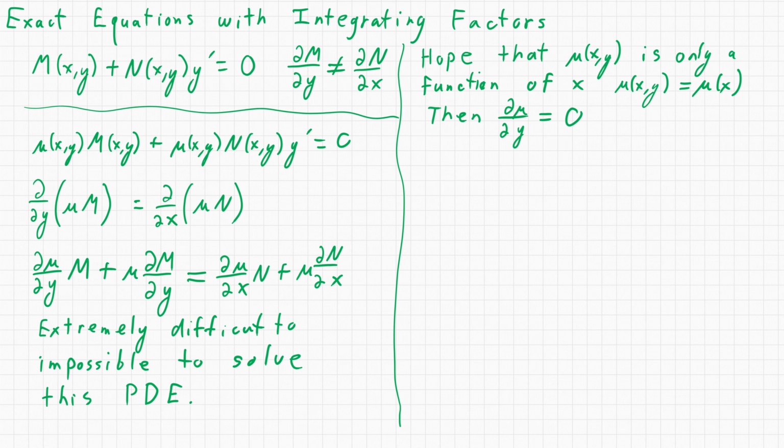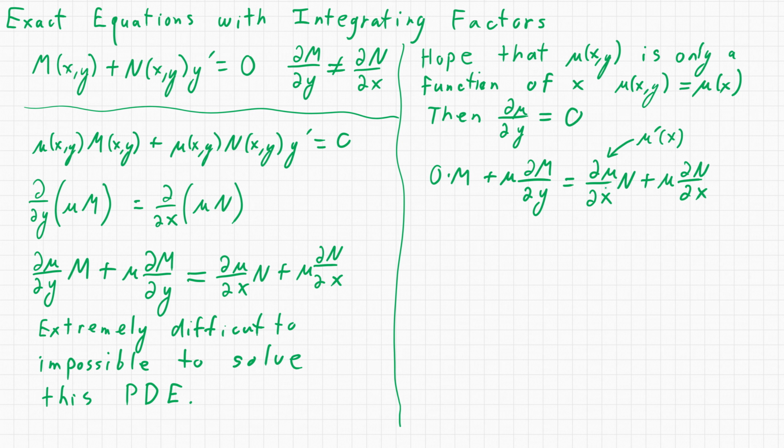So if we take the equation we had before, we end up with 0 times M for the first term plus mu times partial M partial y equal to the derivative of mu with respect to x times N plus mu times partial N partial x. This piece ends up being the normal derivative, just mu prime, since there's only one variable, x.